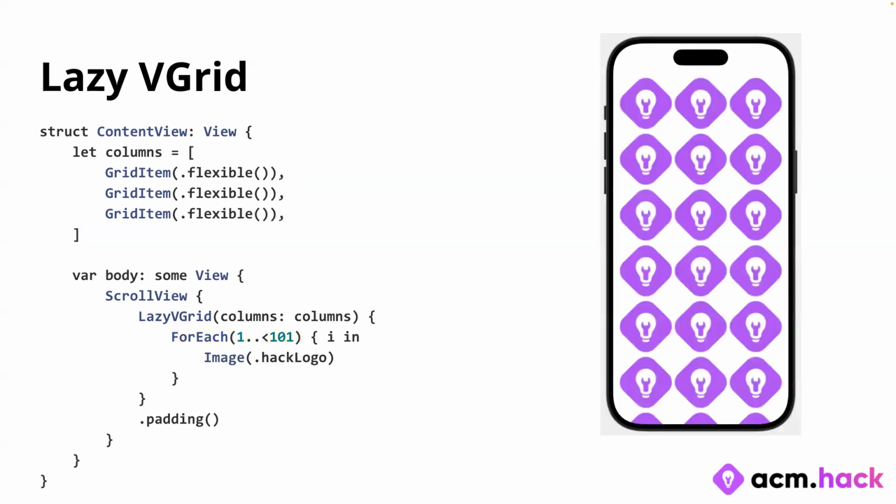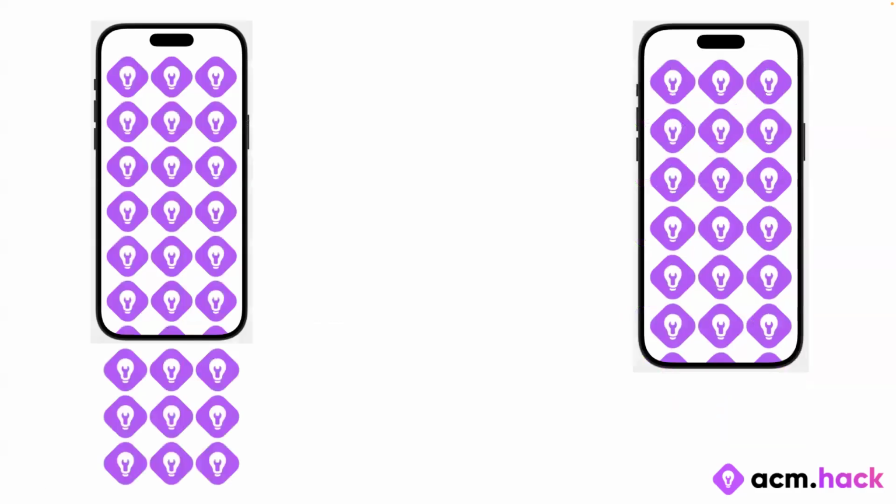So this would look like this. But as you can see, there's much less than 100 ACM Hack logos on screen. If we were using a normal grid, it would render all of them, which would be very inefficient and have high memory usage. But since we're using the lazy grid instead, it will only render what's actually appearing on screen.